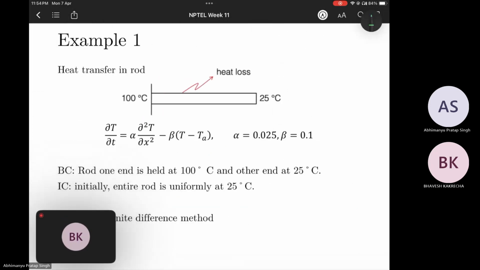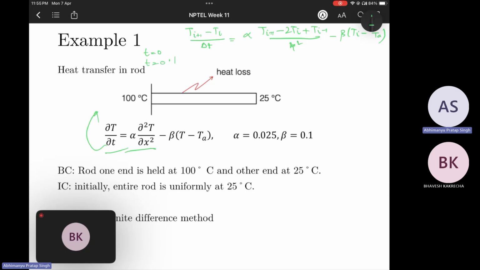So we had these two terms. This we had discretized as T_i+1 minus T_i upon delta T is equal to alpha times T_i+1 minus 2. Now suppose I'm going from t equal to 0 to t equal to 0.1, right?